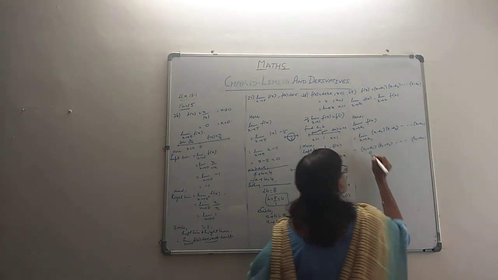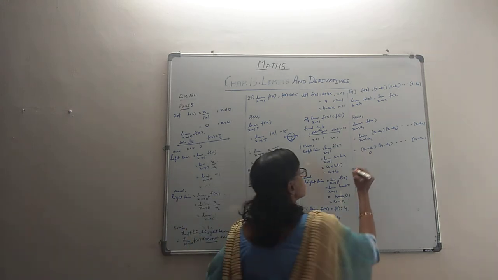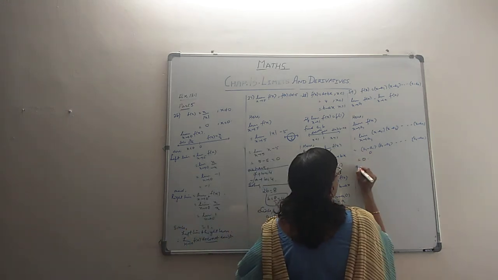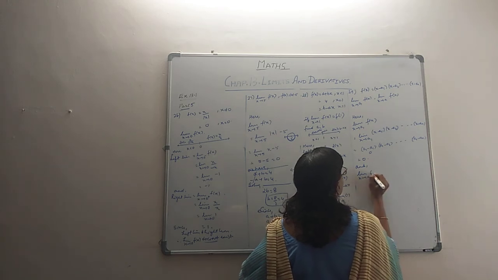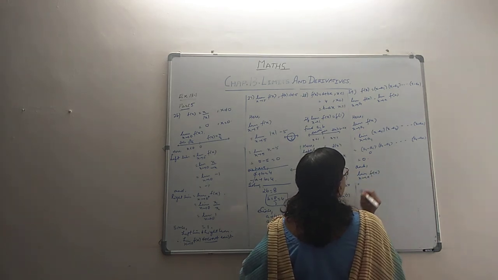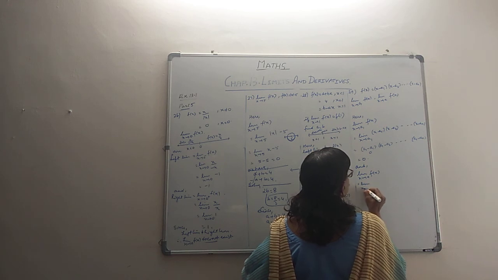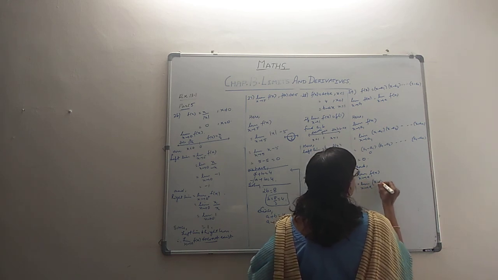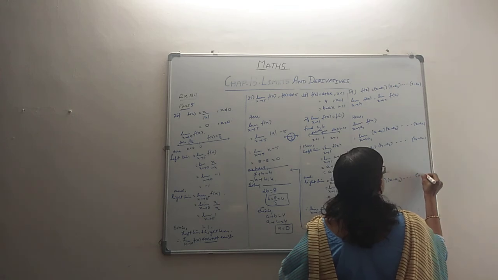But unfortunately this is 0. a1 minus a1 is 0, and 0 into anything is 0. So overall this is going to become 0. And they ask us to find the limit as x tends to a of f of x. So that way we will have the substitution. Same thing, limit as x tends to a, the function is x minus a1, x minus a2, and so on, x minus an.